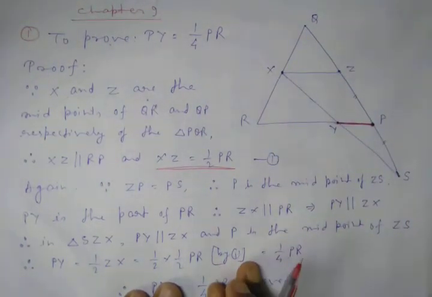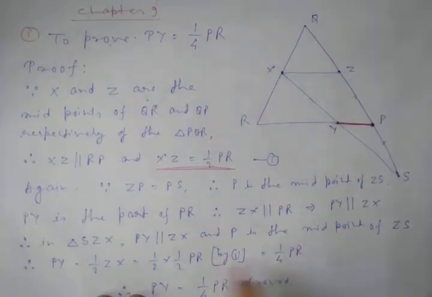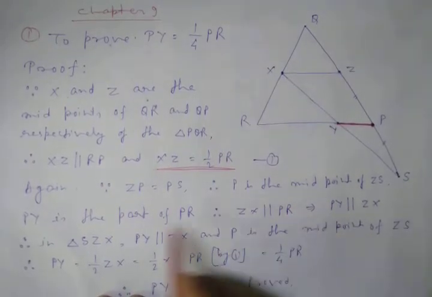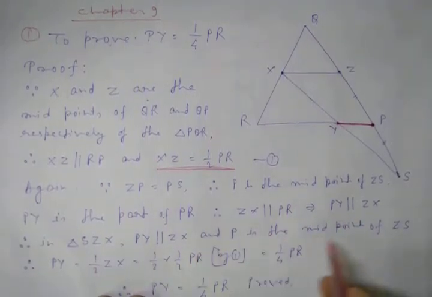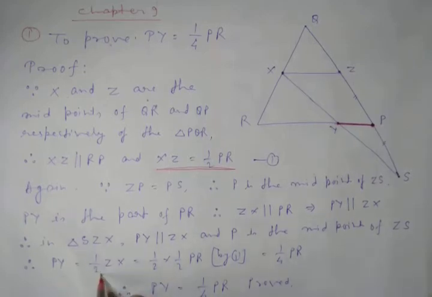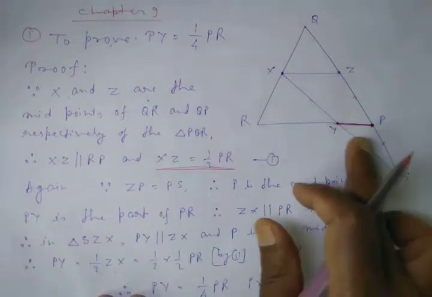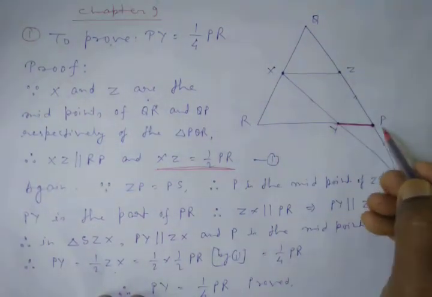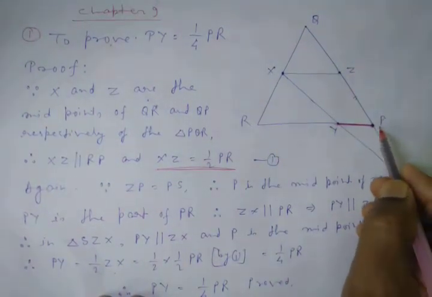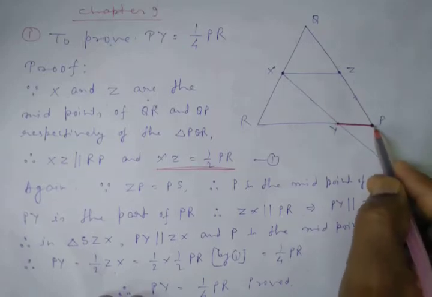Here everything is written. PY equals half ZX, because this is the midpoint and this is parallel to this.